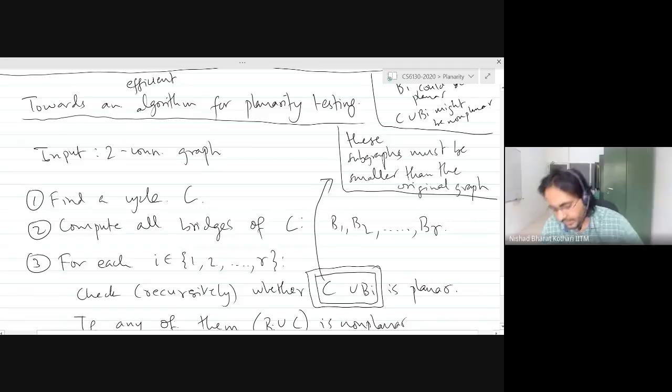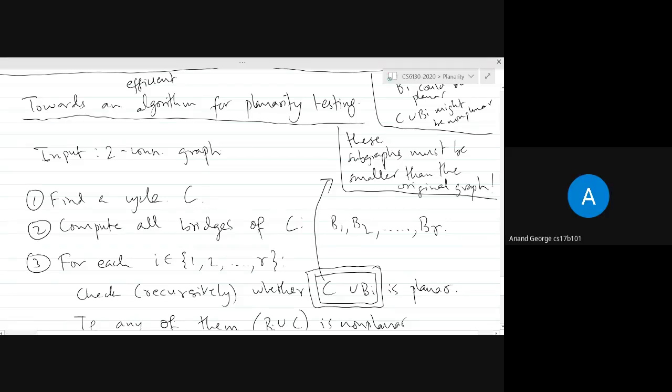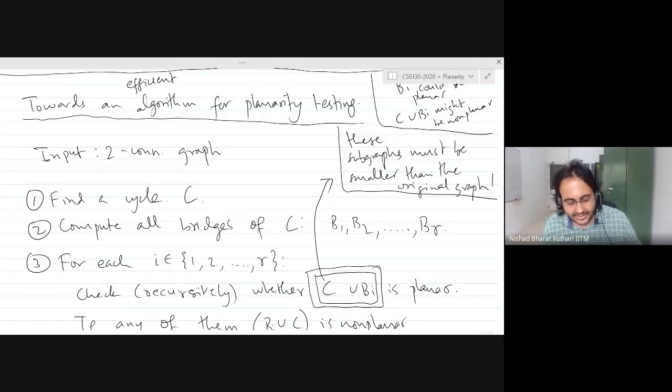Sir, if we ensure that in each step we can find a cycle with more than one bridge, then it's guaranteed that we'll get smaller graphs. Exactly. If we ensure that we can find a cycle that has at least two bridges, then for sure the subgraphs you are looking at here will be smaller than the original, right?